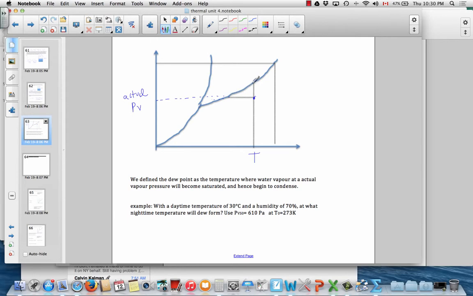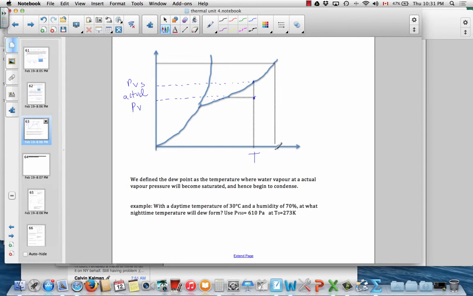And we see that it's less than the saturation value. So at this point right here, that would be the saturation vapor. That, you could think of as the maximum amount of, say, if we're dealing with water, the maximum amount of water vapor that air at temperature T could hold.